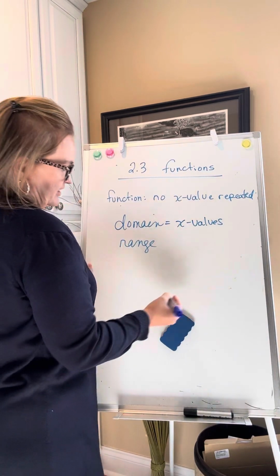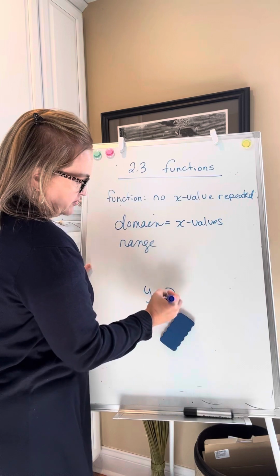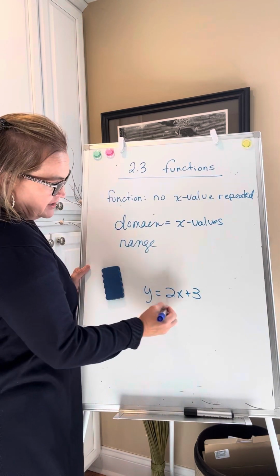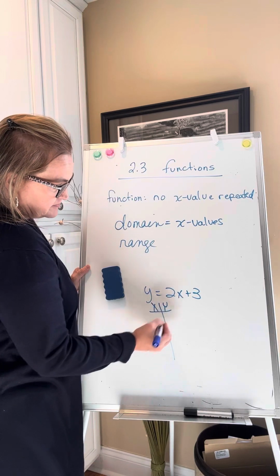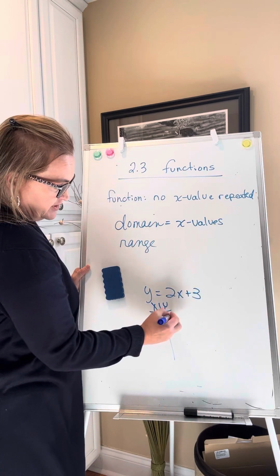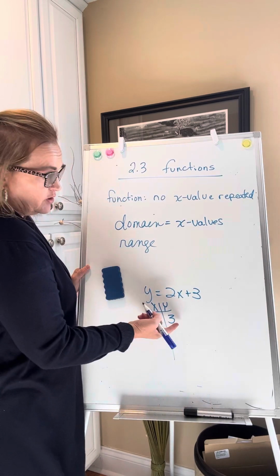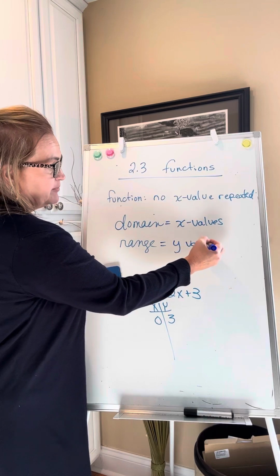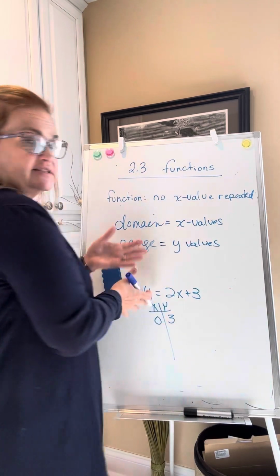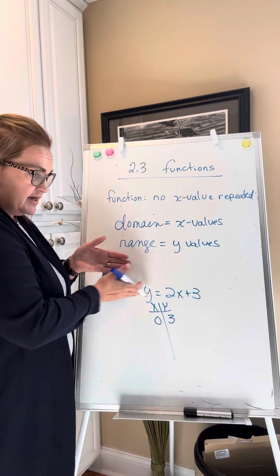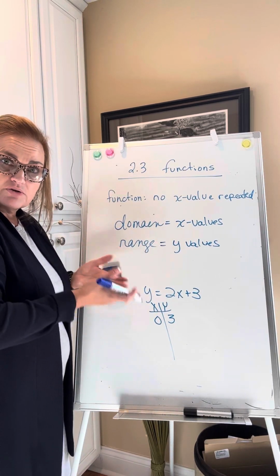If you're doing a simple linear equation, we're inputting for X. We input a number for X, times it by 2, add 3, and it outputs a Y value. We consider the range to be the Y values, the output values. Normally this is in function notation form, when we've got it solved for Y, and that's also a good way to use your graphing calculator.